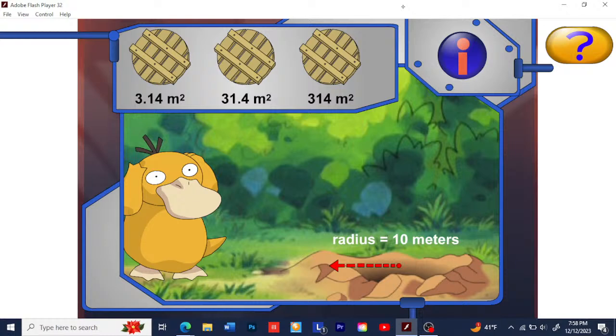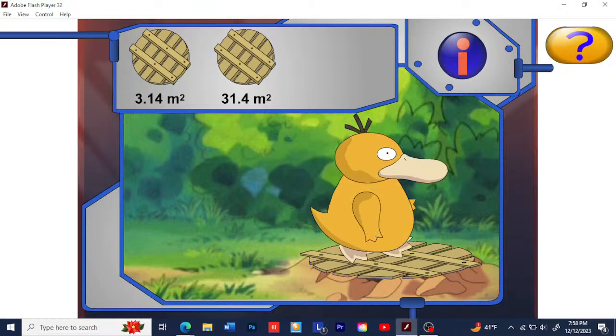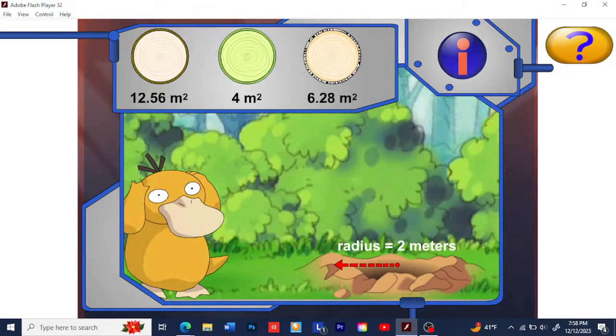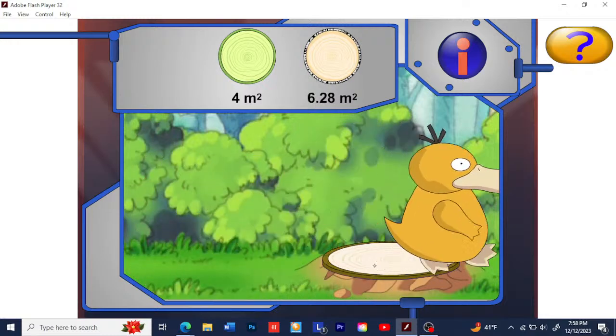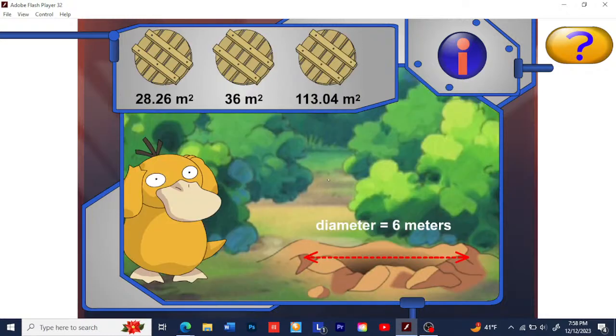Help, Psyduck! Fill these holes. Great! Help, Psyduck! Fill these holes with more circles. Great! Help, Psyduck! Fill these holes with more circles.